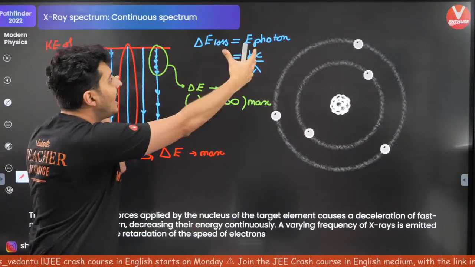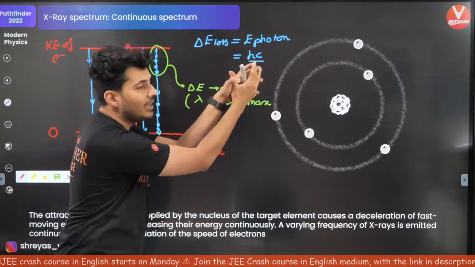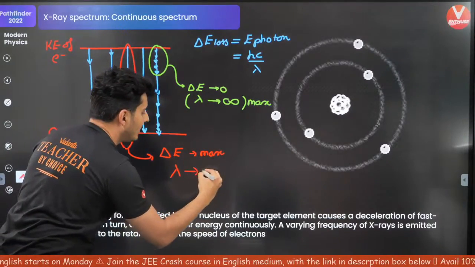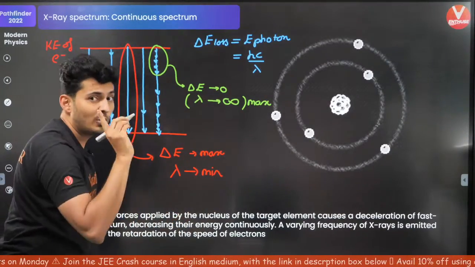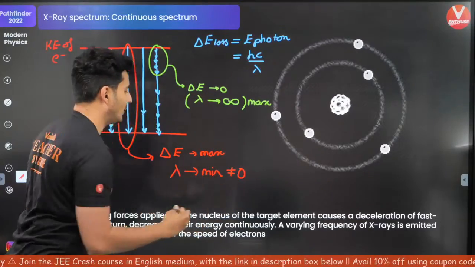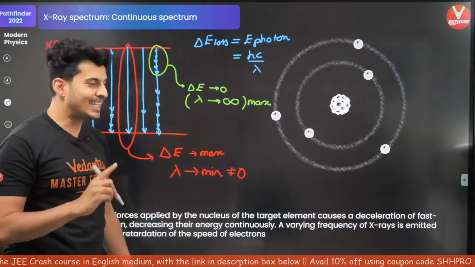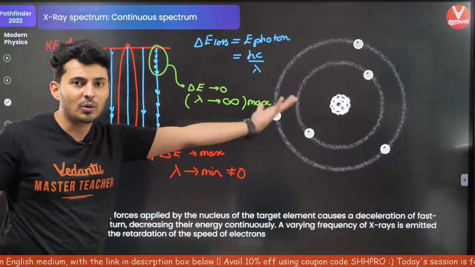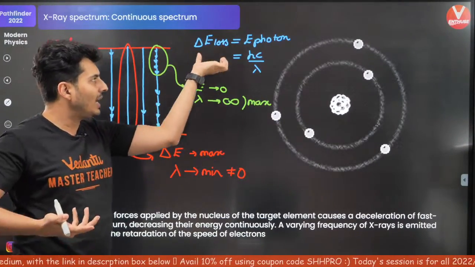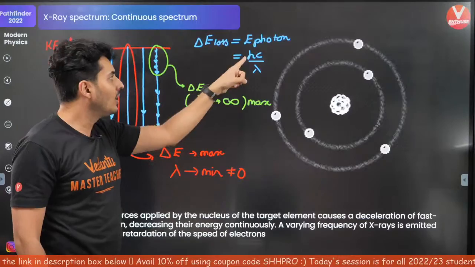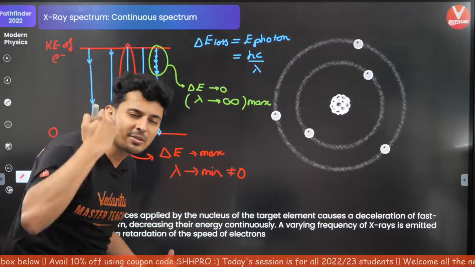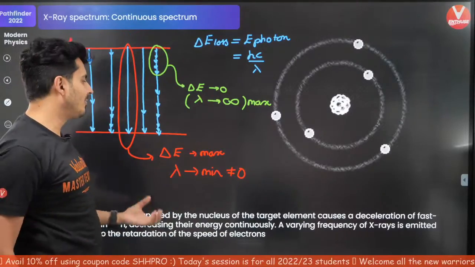Hence, if delta E is maximum, lambda is minimum. So lambda will tend to its minimum value but not zero. This is very important. Delta E will have some value, maybe 500, 200, who knows. If you put that value in, you will get the lambda value, but that is the smallest wavelength that can be created.